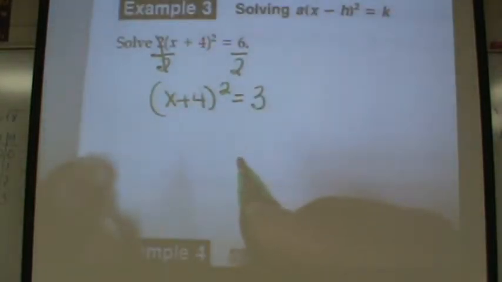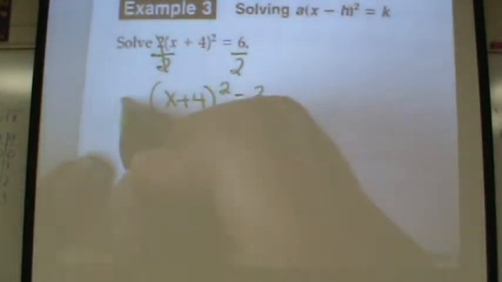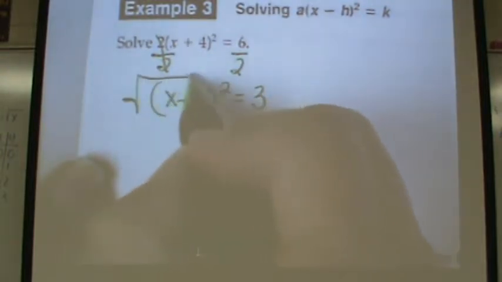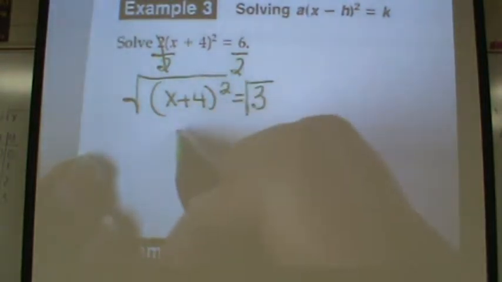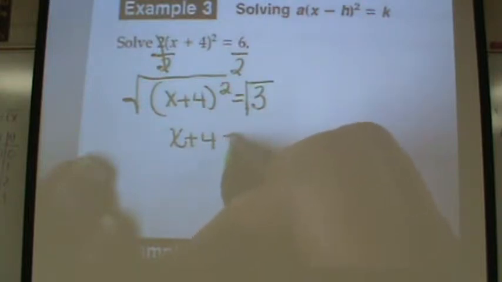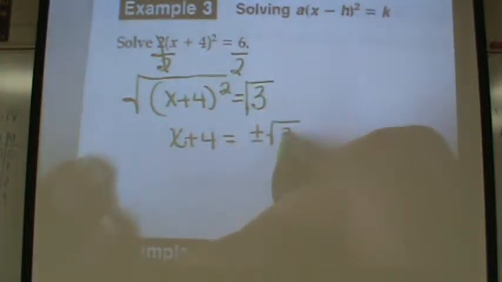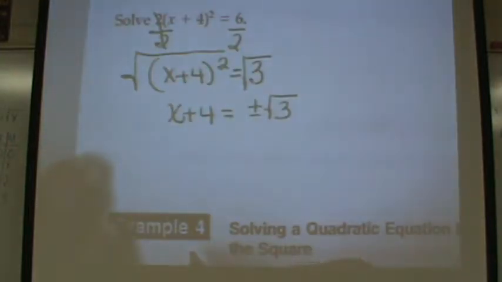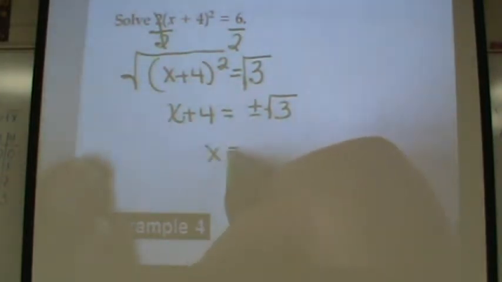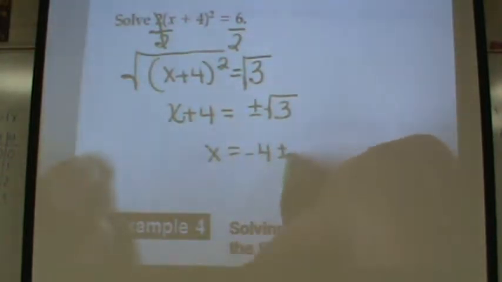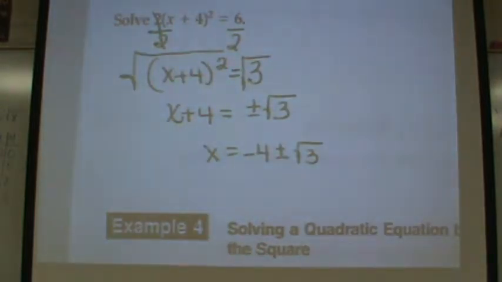Then what? Square root of both sides. So you get x plus 4 equals plus or minus the square root of 3. Then what? Subtract 4. Now this is just an irrational number. These are called exact numbers, and that's the answer.